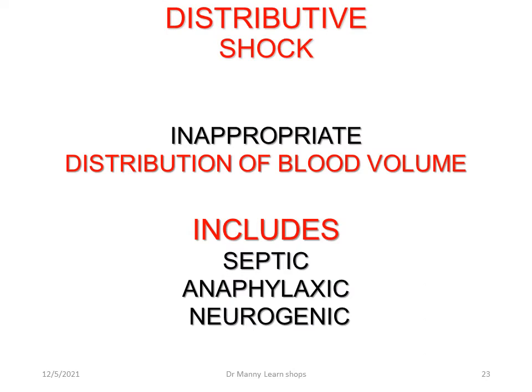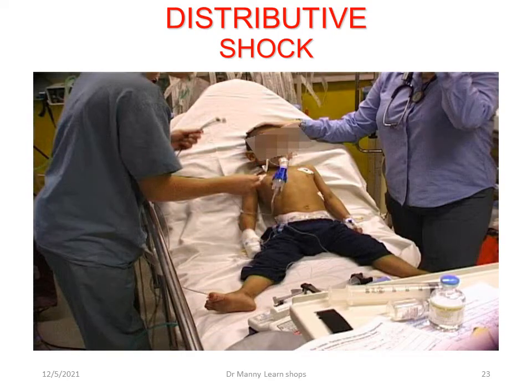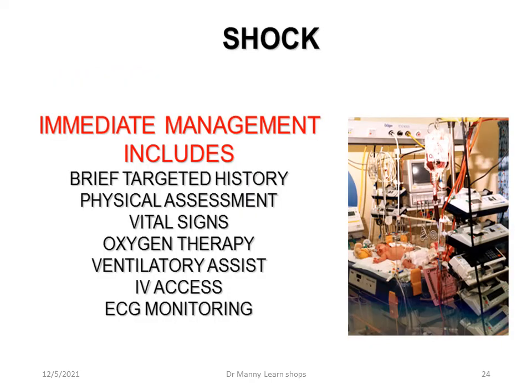Then you've got distributive shock. And distributive shock can include septic, anaphylactic, or neurogenic. And this is basically the inappropriate distribution of blood volume. The immediate management for shock includes a brief targeted history, physical assessment, vital signs, oxygen therapy, ventilatory assist, intravenous access, even intraosseous access, and ECG monitoring.